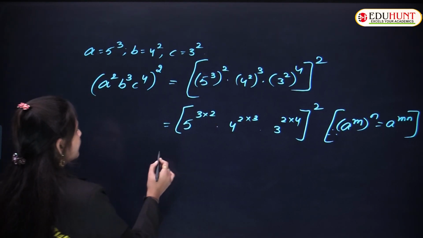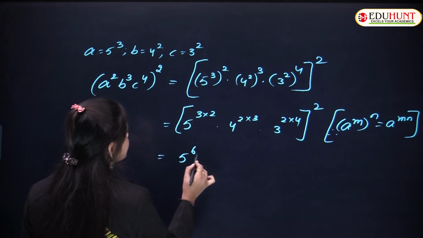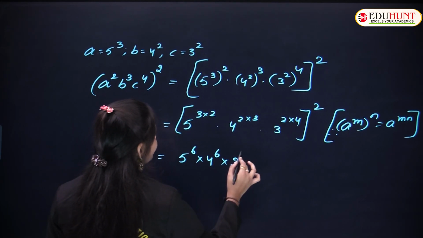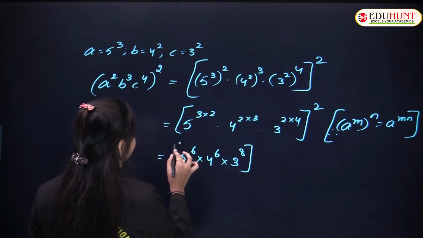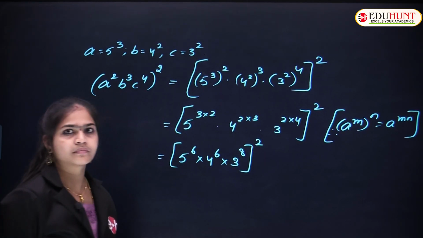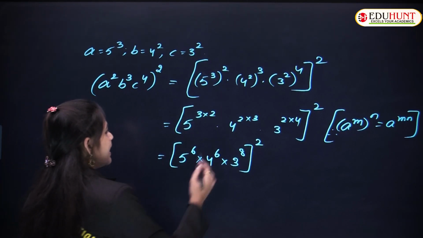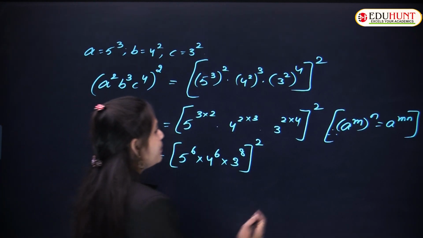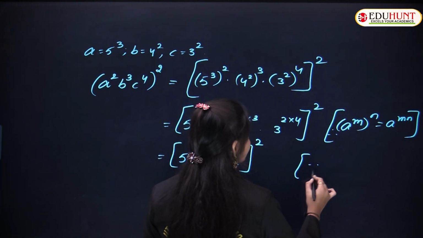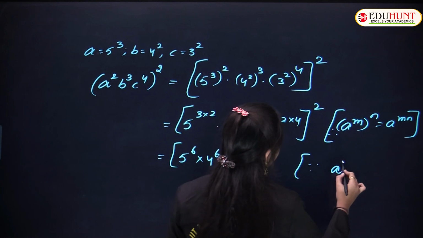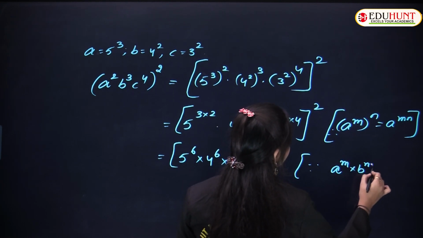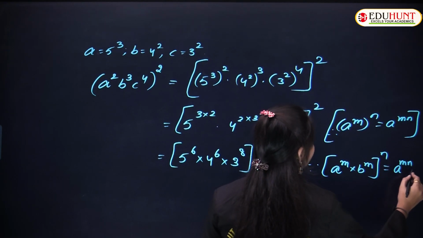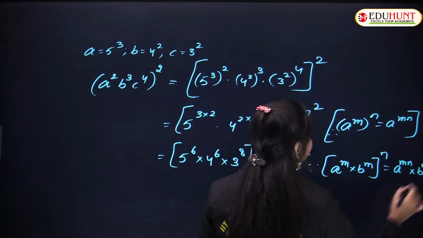Now we can write this as 5 power 6 into 4 power 6 into 3 power 2 fours 8, whole square. Now apply this square to each and every number, right? a power m into b power m whole power n is equal to a power mn into b power mn.